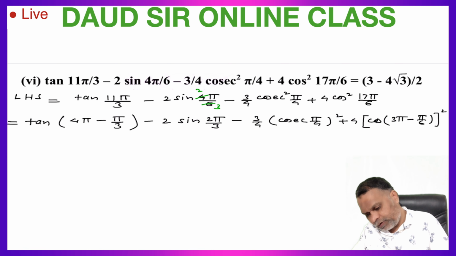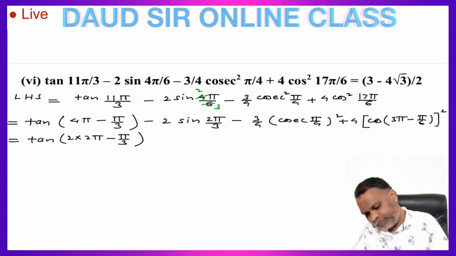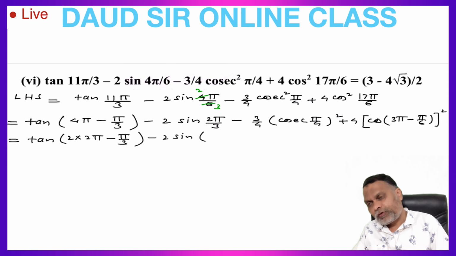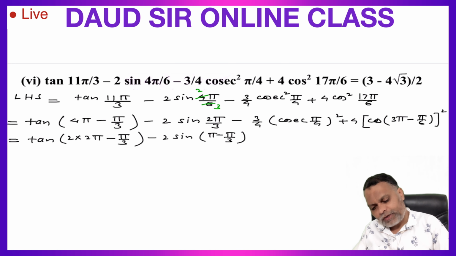Which is equal to tan, this 4 pi can be written 2 into 2 pi minus pi by 3, minus 2 sine 2 pi by 3 can be written pi minus pi by 3. 3 LCM, 3 pi minus pi, 2 pi by 3, minus 3 upon 4 cosec 45 degree.